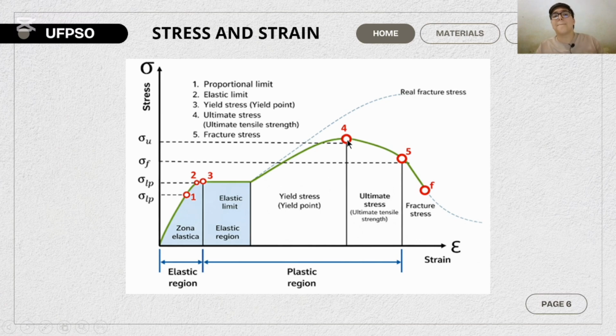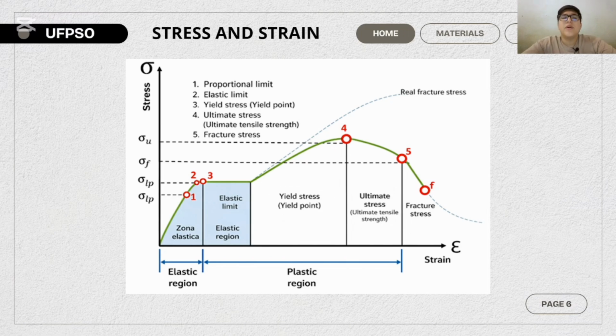Now for point 4, the ultimate stress, which is the maximum stress value that the material can withstand, that is, before it begins to fail or break. Finally, point 5, the fracture point, which is where the material fails or breaks.